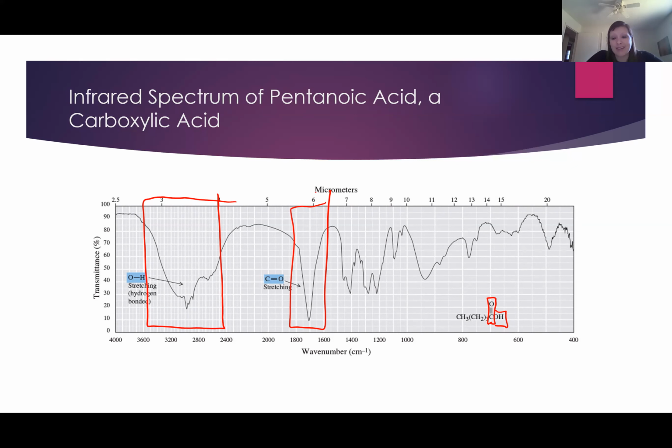And of course, carboxylic acids have to go on the end of a molecule. And so you know it's going to have to go there. You still have the characteristic CH2, CH3 bending and stretching. And again, the fingerprint region, less helpful in our case.